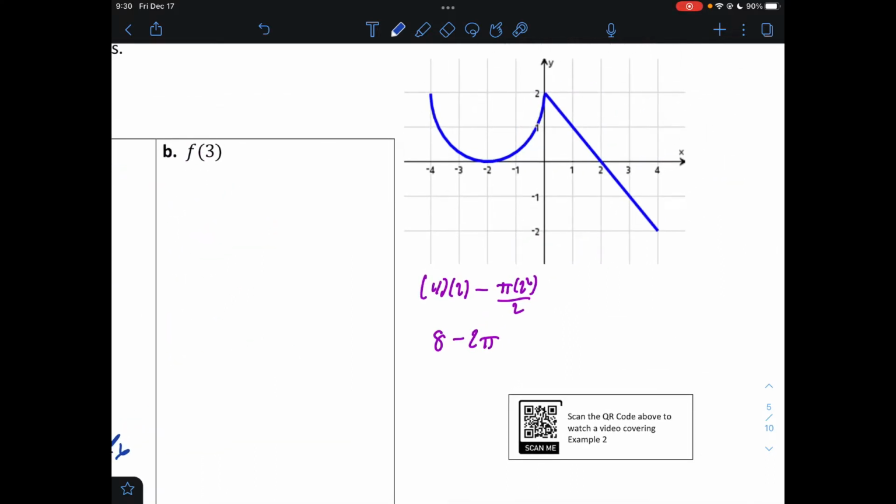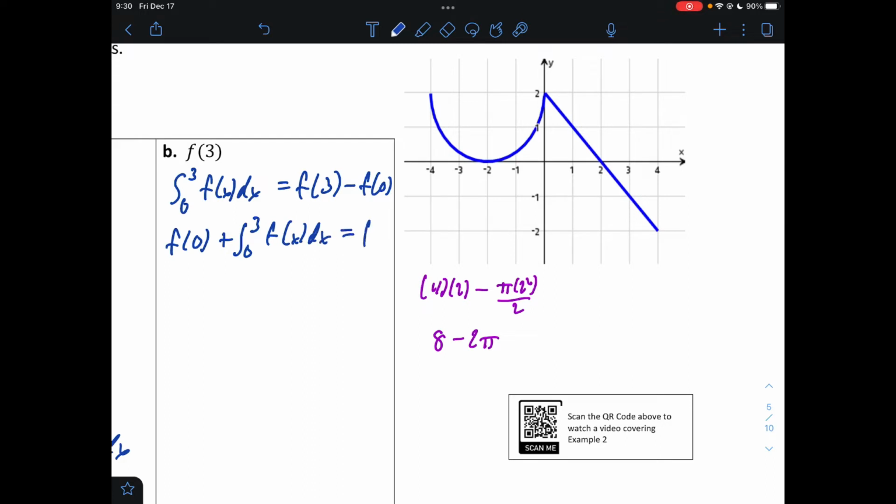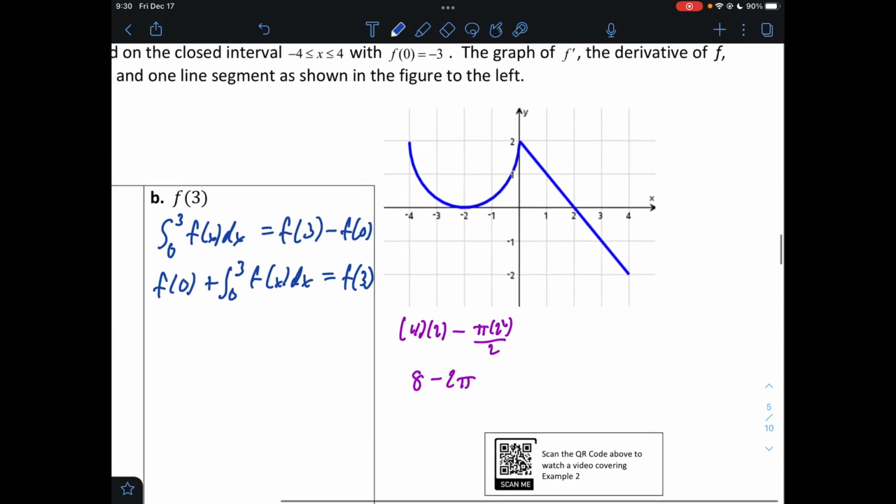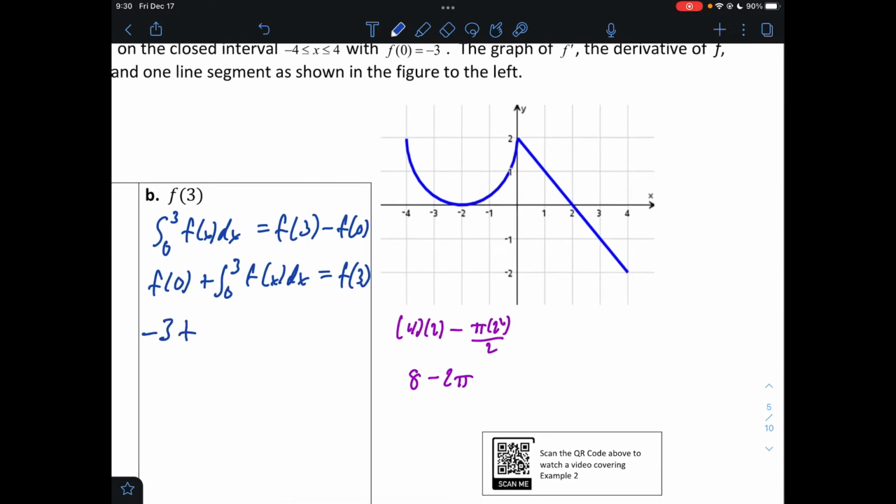So we are looking for f of 3, right? So let's set up an equation here. The integral from 0 to 3 of f of x dx, we learned earlier, would be f of 3 minus f of 0, right? And we're trying to find f of 3. So f of 3 then would be f of 0 plus the integral from 0 to 3 of f of x dx. F of 0 we already know was negative 3, plus the integral from 0 to 3, which is that area right there.